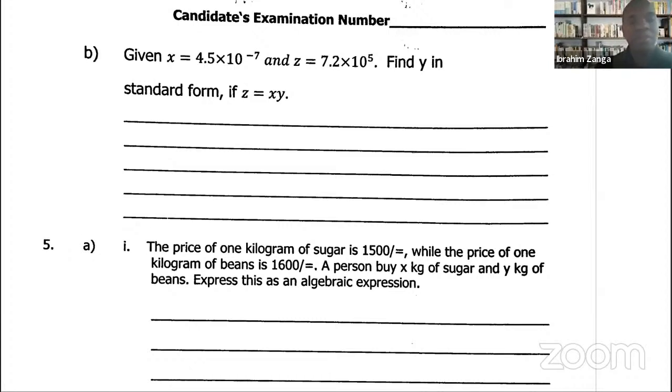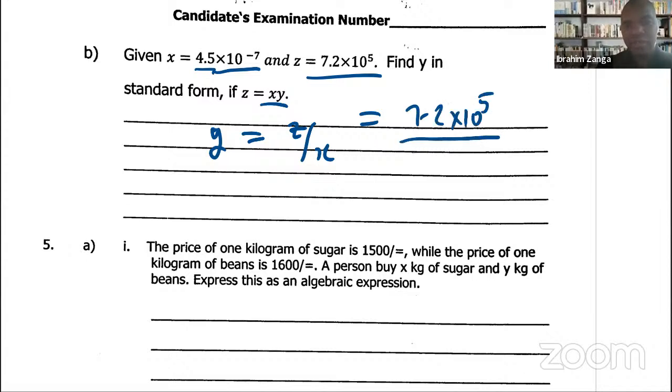We go to 4b. Given x equals 4.5 times 10 to the power negative 7, z equals 7.2 times 10 to the power 5, find y in standard form from z equals xy. So we know that y, dear students, will be z over x. We are given z as 7.2 times 10 to the power 5 divided by 4.5 times 10 to the power negative 7.